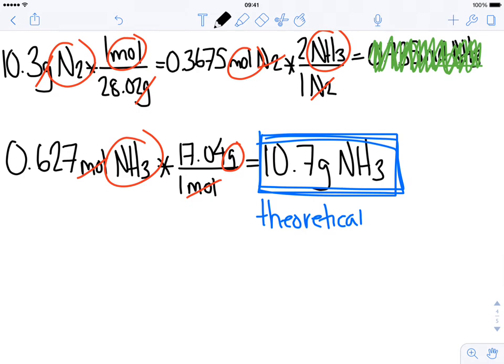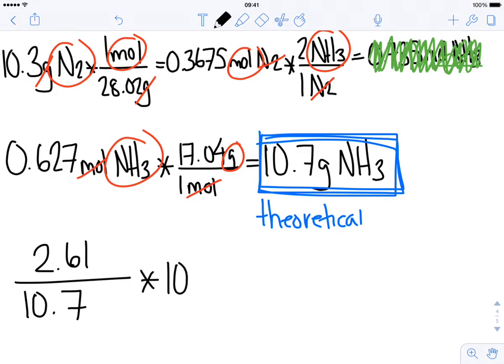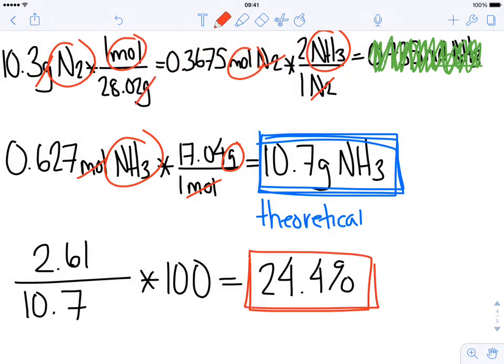So what we do is we take our actual, which was 2.61, and we divide it by the theoretical, which is 10.7, and we multiply that by 100 because this is a percentage. And when you do that, the answer comes out to be 24.4%.